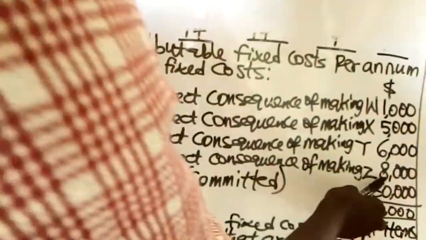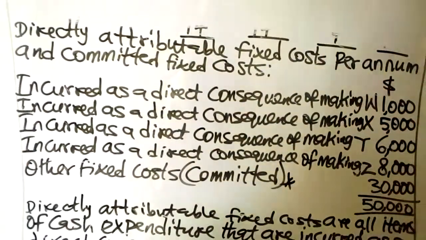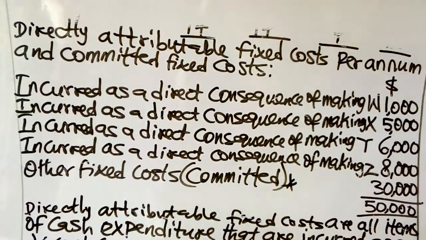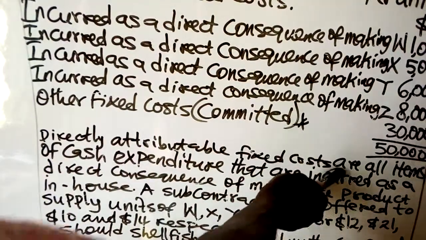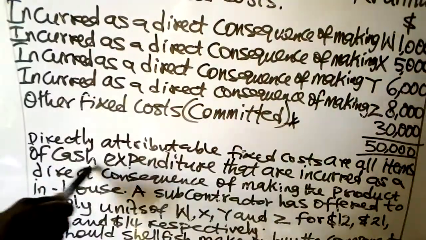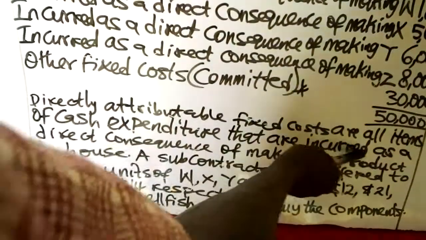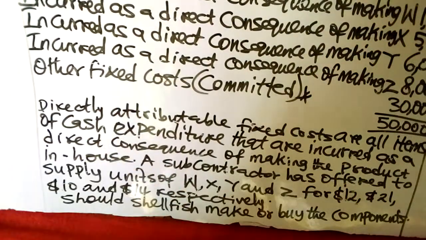And as a result of making Z, 8,000. Committed fixed costs are not relevant. This 30,000 is not relevant. Directly attributable fixed costs are all items of cash expenditure. They are cash items that are incurred as a direct consequence of making the products in-house.